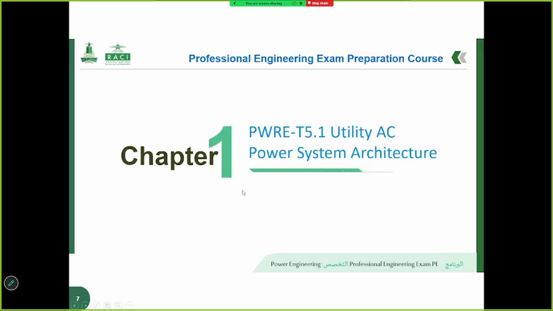So this chapter introduces the fundamental structure and operational principles of utility AC power systems. It provides an overview of how electrical power is generated, transmitted, and distributed through interconnected networks to ensure reliable and efficient energy delivery to end users.